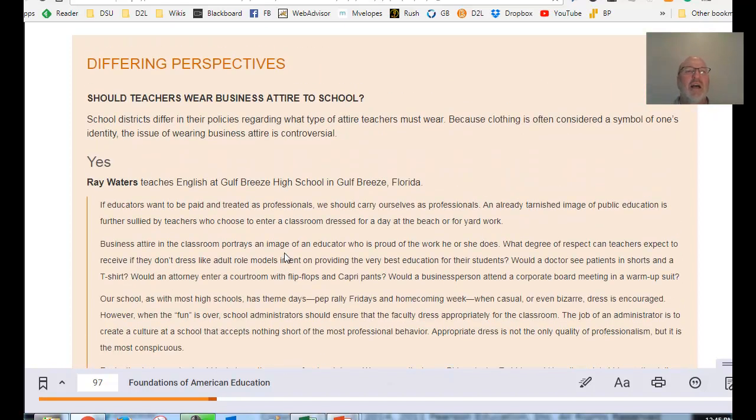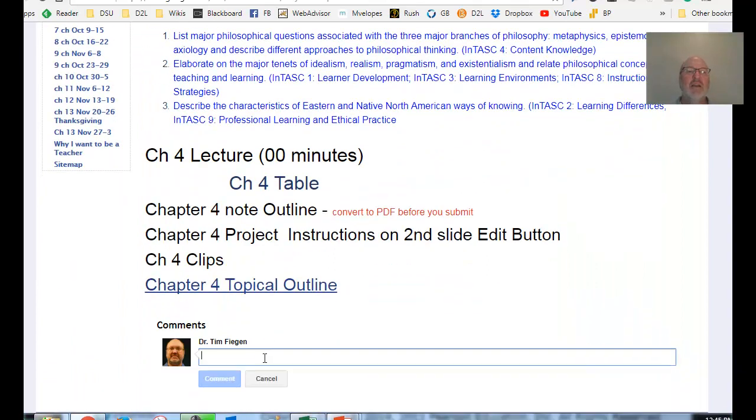And so let's make this question. Let me take it out here. How should we dress as teachers, and what did we observe and poor teacher dress?